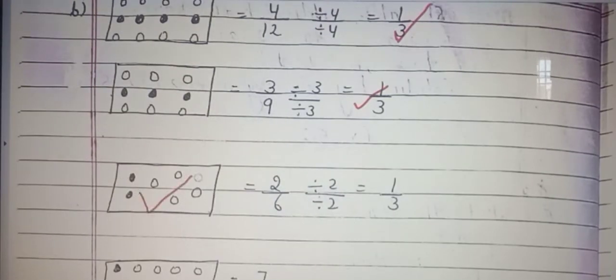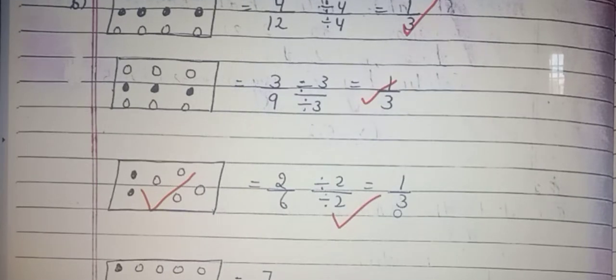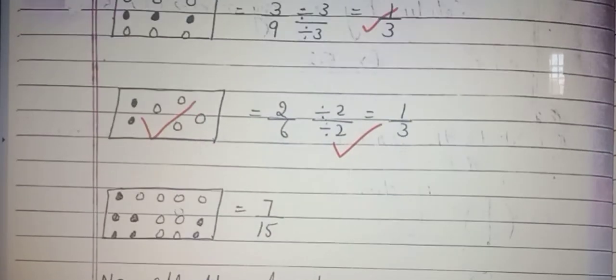And the fraction for this part will be total shaded parts 2 and total parts 6. So it gives us the fraction 1 upon 3 after reducing it to the lowest form. Now for the next part, total shaded parts are 7 and total parts, shaded plus unshaded, are 15. So the fraction for the shaded part becomes 7 upon 15.